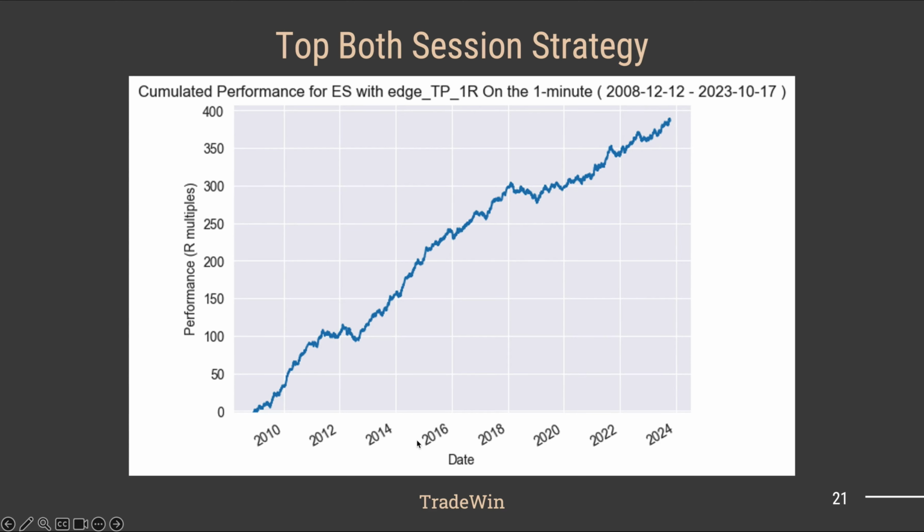I already talked about those periods during which we don't have sharp moves up or sharp moves down, but we remain mainly stable. So again, what this means is that if you started trading this strategy during 2011, you would have made no profit until 2 years later. That doesn't mean that the strategy is not profitable.